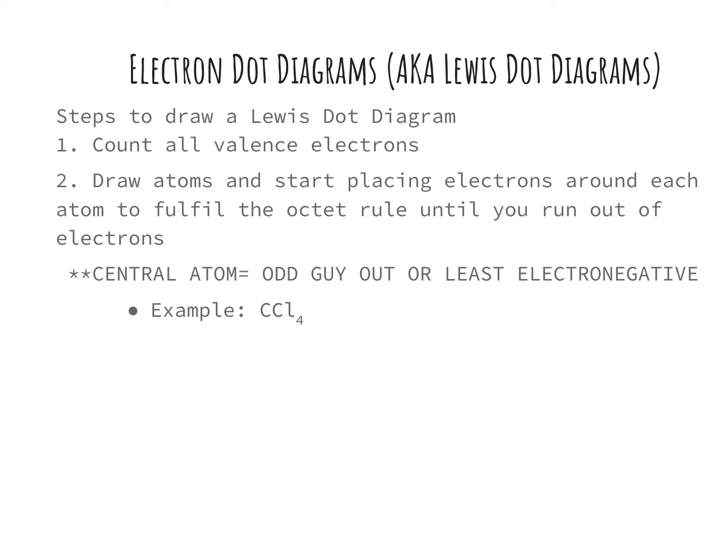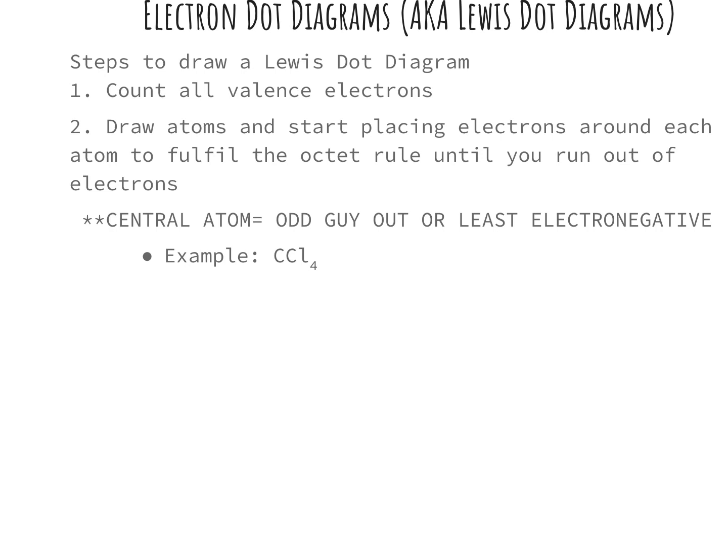We're going to do the example together. If you follow along with me, I don't think you need to write those steps. Step 1, we have to count the valence electrons. We're going to use the columns we wrote down at the beginning. How many valence electrons does carbon have? 4. How many does chlorine have? 7.